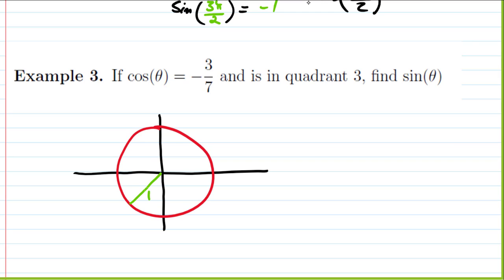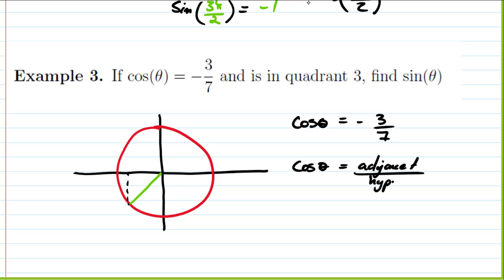We know our radius is 1. But then we have cosine. And this time we don't actually know our radius is 1 when it comes to this diagram. So we have cosine theta equals negative 3/7. But we also know the cosine of theta is equal to adjacent over hypotenuse.